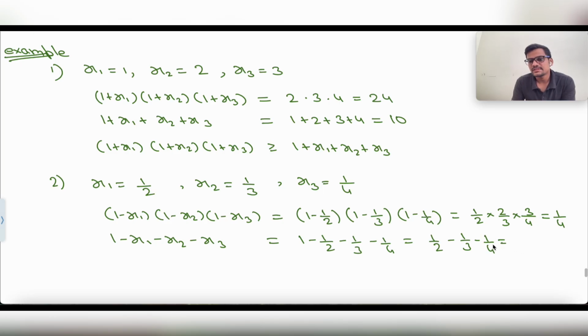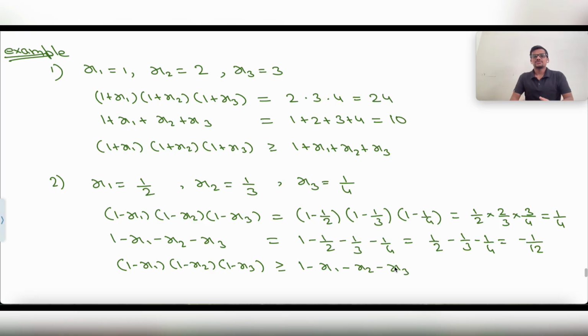If we solve, this will become minus 1 by 12. So clearly the product (1 - x1)(1 - x2)(1 - x3) is greater than or equal to 1 - x1 - x2 - x3. So this is one example for both cases, right?